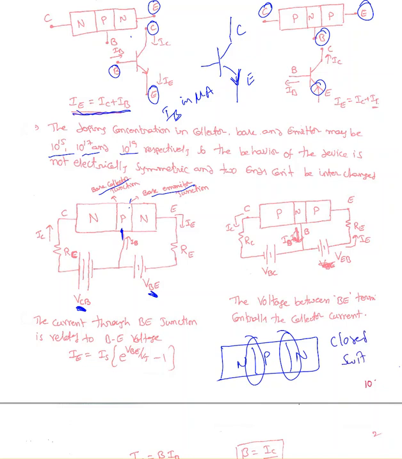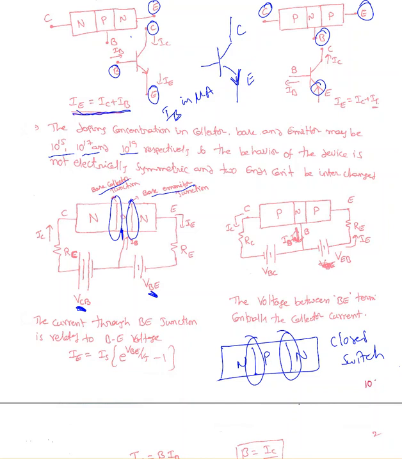If both junctions are reverse biased, it acts like an open switch. The third one is when the base-emitter junction is forward biased and the base-collector junction is reverse biased, then it acts like an amplifier.